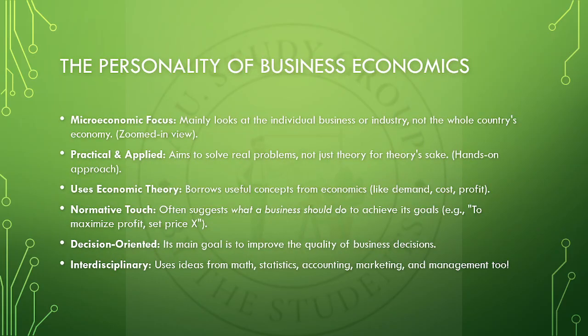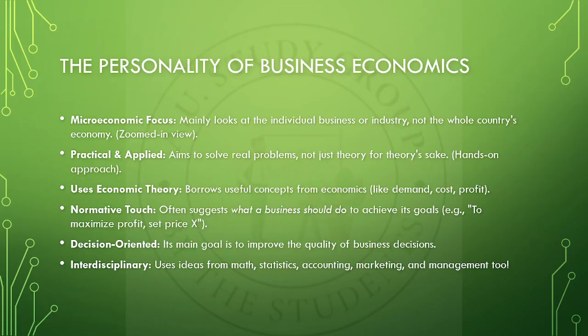Now let us understand the personality of business economics. What is business economics like? It's mostly microeconomic because it focuses on an individual company or an individual industry. It is practical. It's about solving real world business challenges. It is often normative, because it suggests what businesses should do.